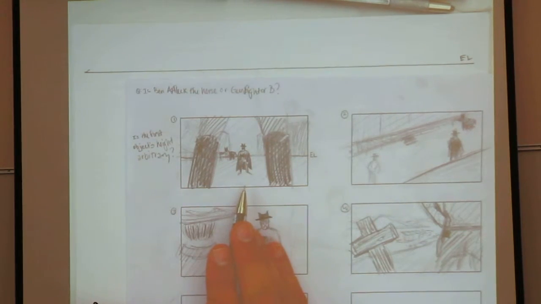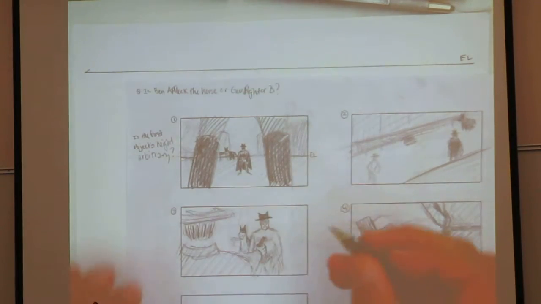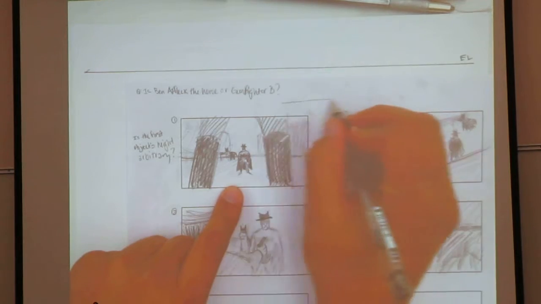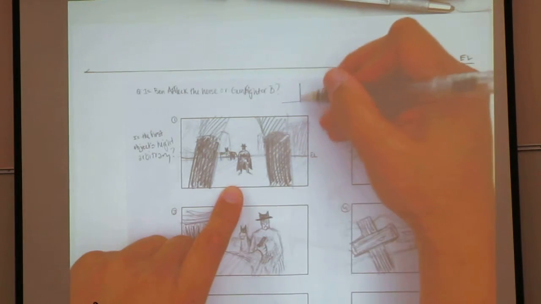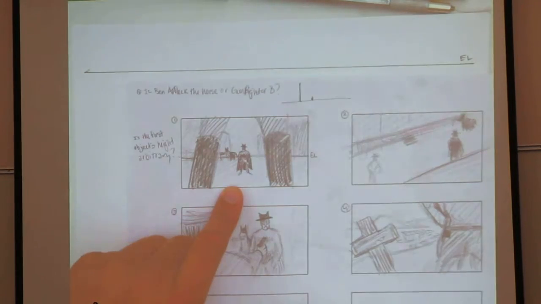Yes. What's wrong with it? I'm suggesting that the gunfighter's chest is 6 inches. Yeah, sure. What this actually is, is a picture of a gunfighter facing off with a gunfighter.